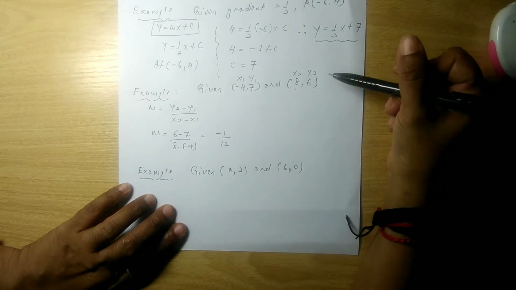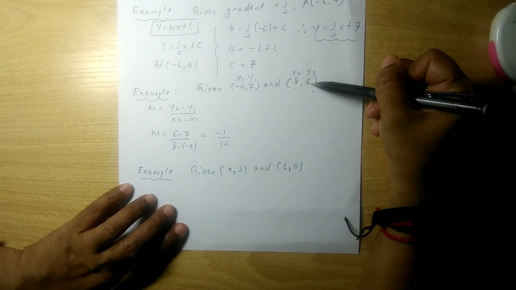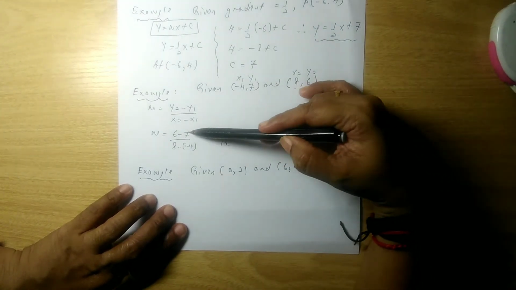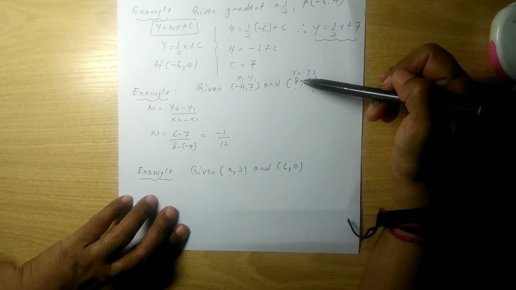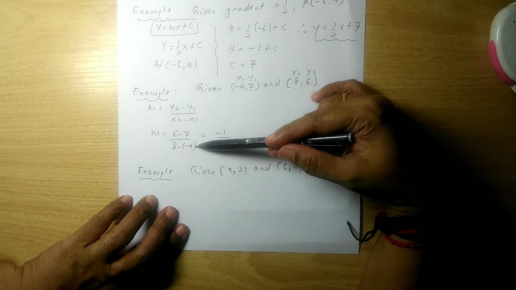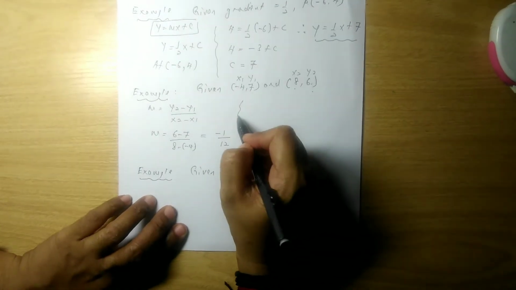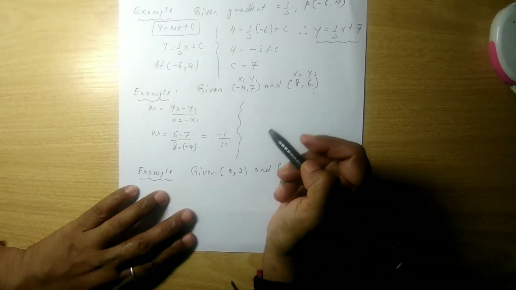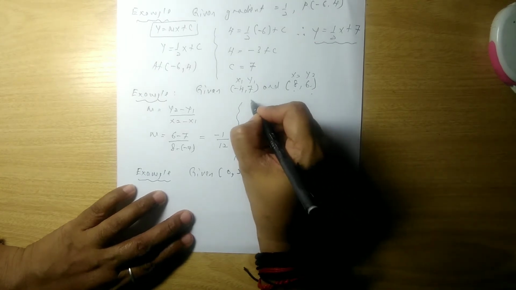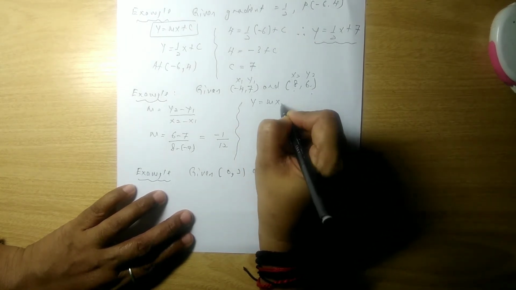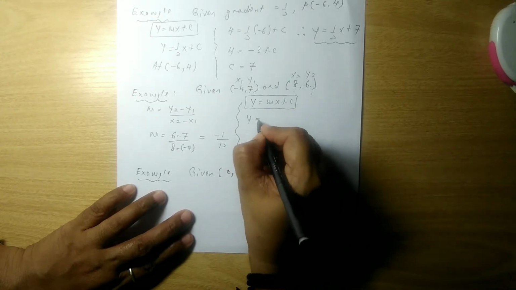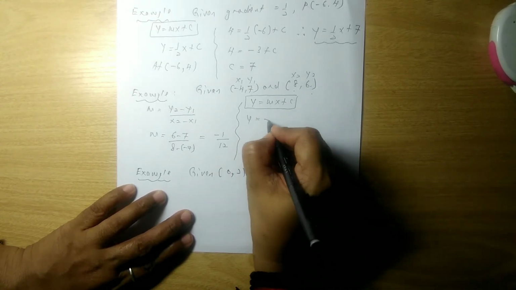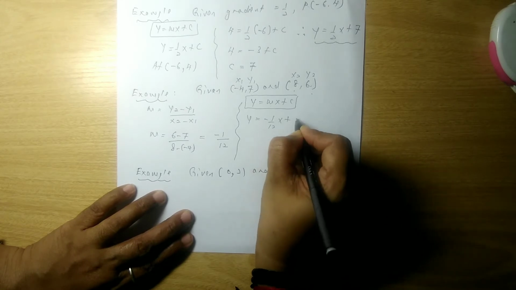So I repeat, y2 minus y1 over x2 minus x1. That's my m that I've got. Now my equation is what I'm going to use. So y equals, m is what we have found here, negative 1 over 12x plus c.